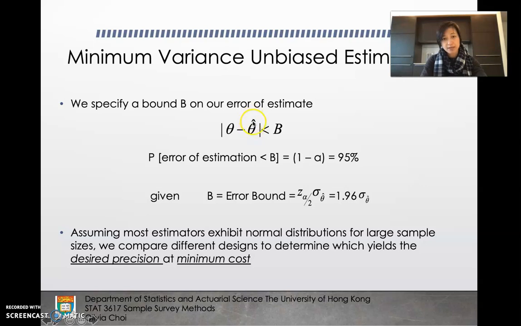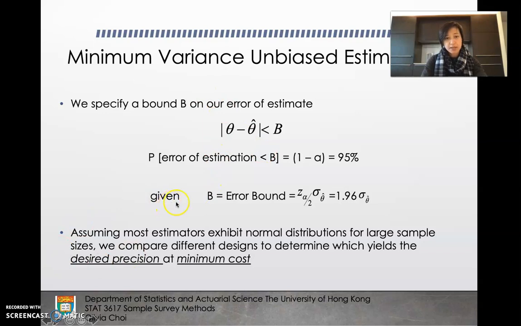So theta hat would be referring to the estimate we obtained from the survey, and theta would be the true value. In absolute terms, if the difference is less than our tolerated bound of error, and that is achieved with a certain probability, then we think this is acceptable.